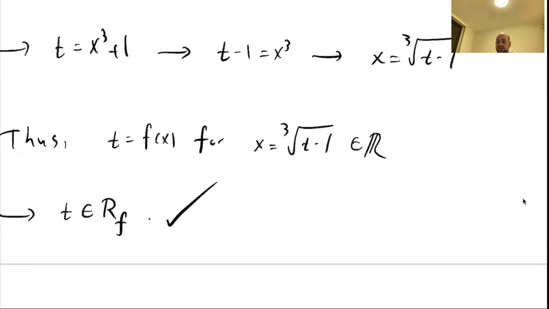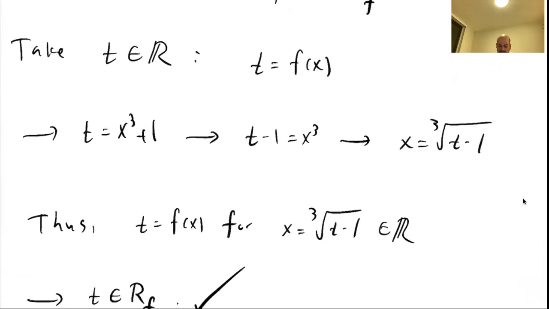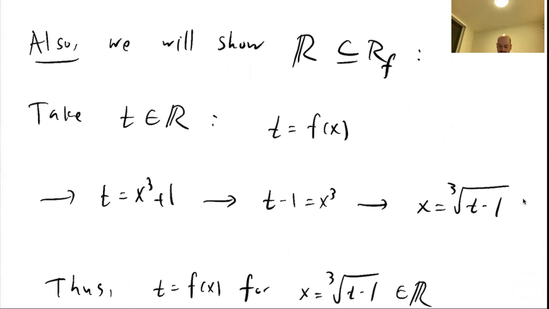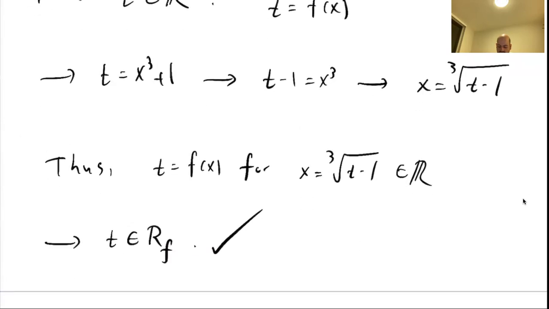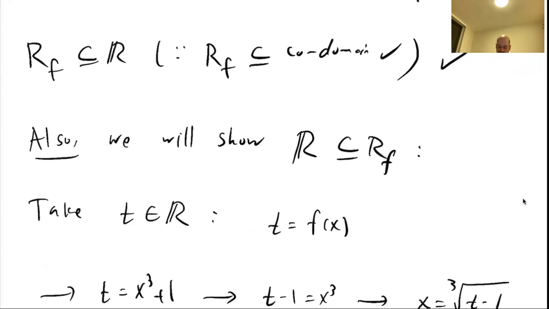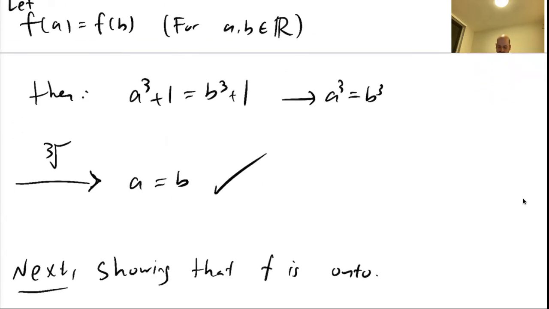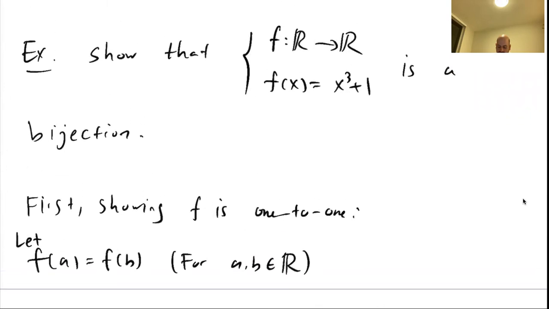That means t is an output. Therefore, t belongs to the range. So I took some t in codomain. I showed that it is in the range. So that means f is onto. So we showed that this f is one-to-one and onto. Therefore, it's a bijection.